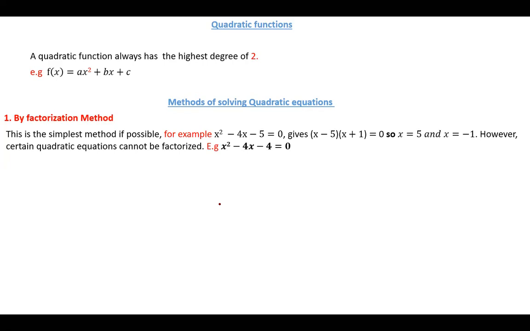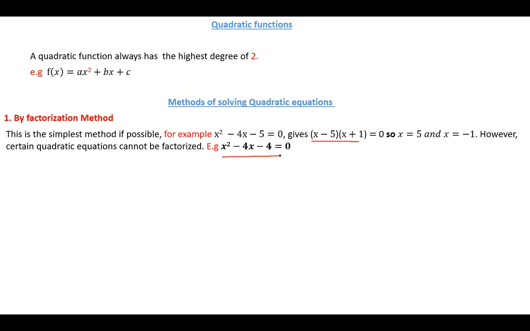For example, when you have x squared minus 4x minus 5 being equal to 0, this gives x minus 5 in brackets and then x plus 1, which is equal to 0. When you simplify this further, you get x is equal to 5 and x is equal to negative 1. However, there are certain quadratic equations that cannot be factorized, like this one here.